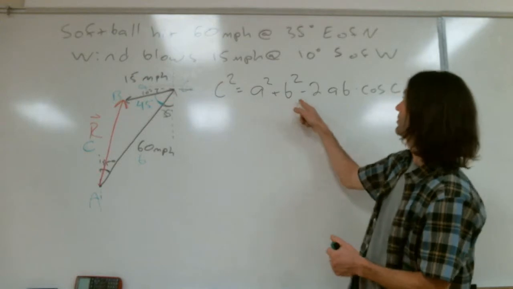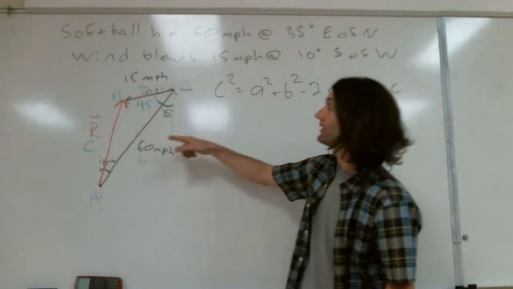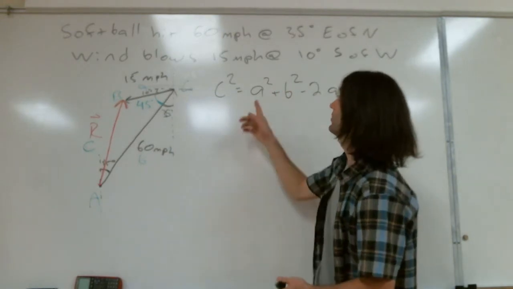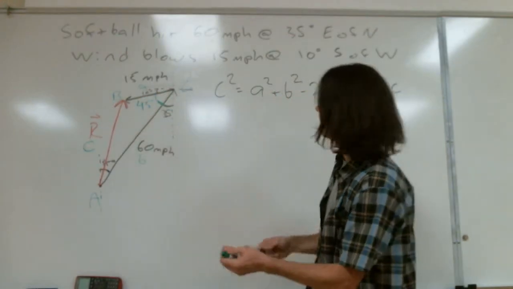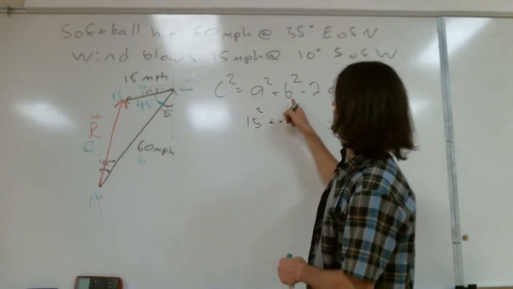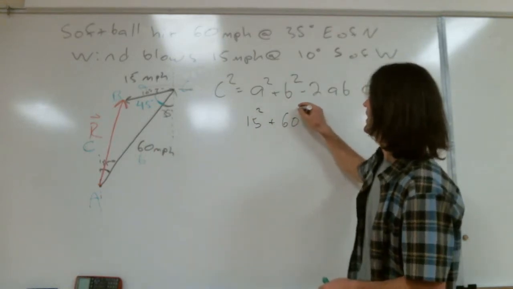We can now start putting values into here and just push the square root button and we can see what value that resultant vector is. So A is what we ended up calling 15. All right, so this A is going to be 15 and I'm going to square it, plus B, which was this 60, and I'm going to square it.